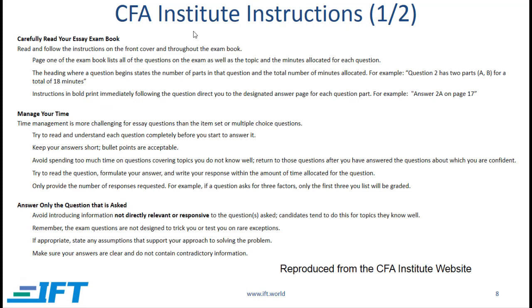All right, now on this slide, I have simply reproduced material from the CFA Institute website. Many of these points I've talked about, but I think every level 3 candidate should read exactly what the CFA Institute is saying. They are telling you to follow instructions, to manage your time, to keep your answers short, and that bullet points are acceptable.